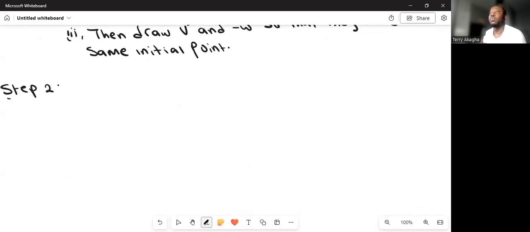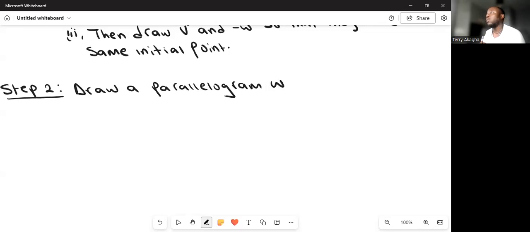So what you do, you then have to draw a parallelogram with the two vectors as two adjacent sides.